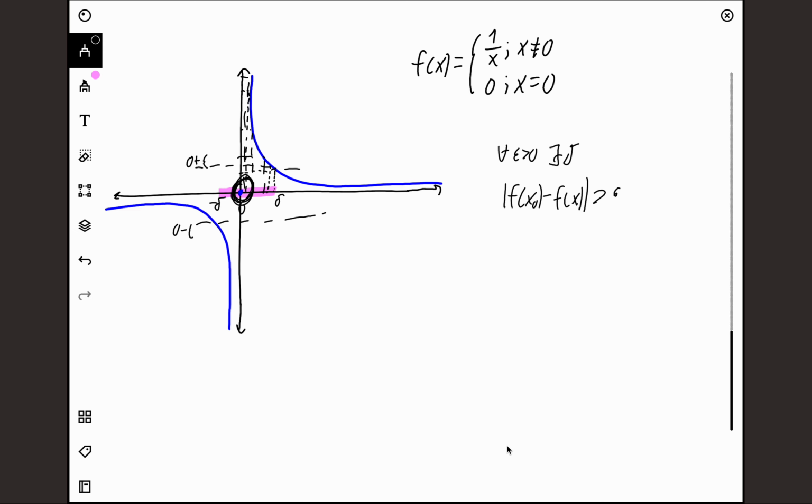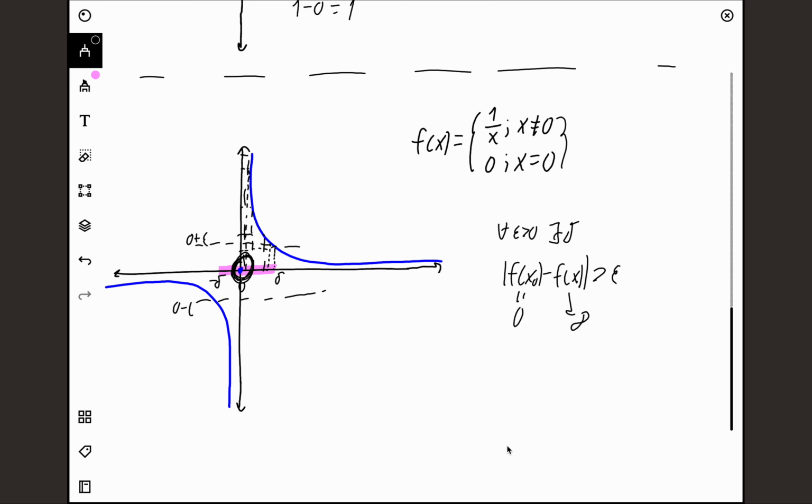So it's going to be greater than epsilon, because when x gets close to 0, f of x0 just equals 0, and f of x goes to infinity. So this piecewise function is also not continuous using the definition.